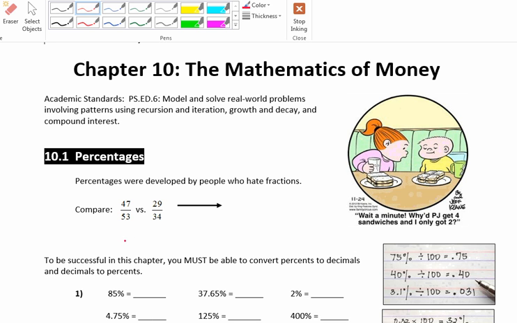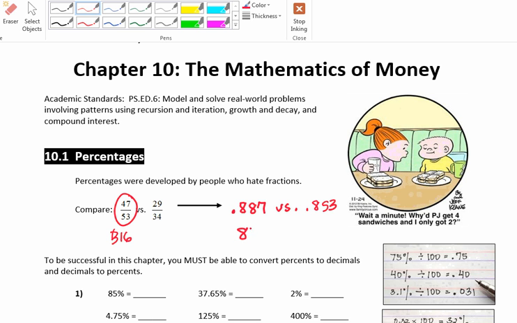So I'm going to do 47 divided by 53, and I get 0.887. That's rounded to 3 decimal places. And 29 divided by 34, and I end up with 0.853 rounded. And now if I said which one's bigger, we could definitely say that 47 over 53 is bigger.